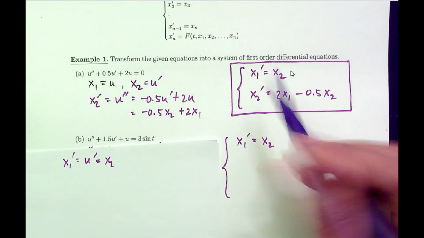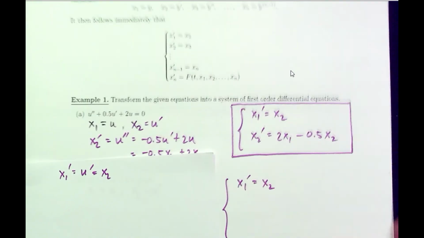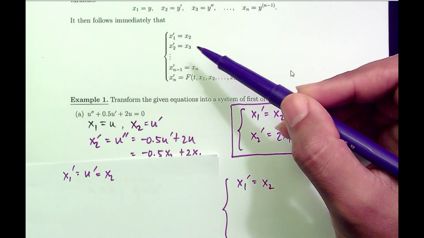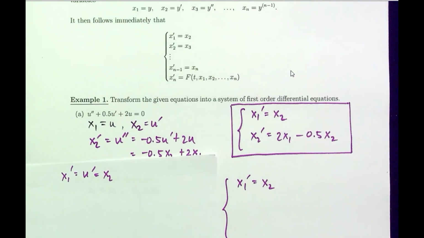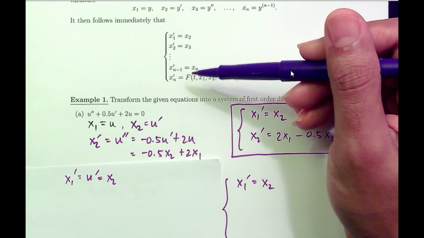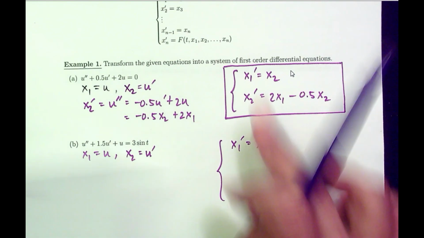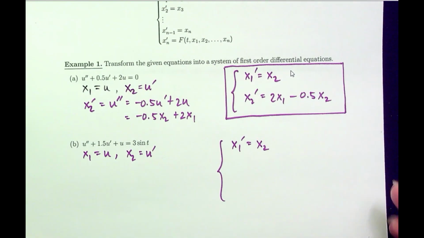Note that this is really always going to be the same equation. Even in general, that is always going to be the first equation. And if you have more, the first n minus 1 equations are always going to be the same in this process. So it's no surprise that our first equation was exactly the same as in the other example.